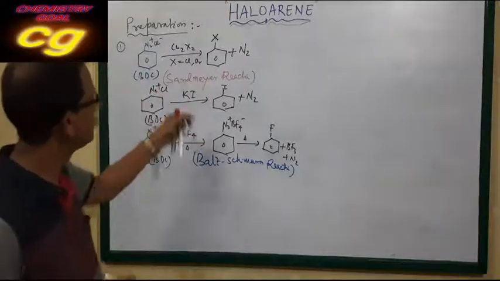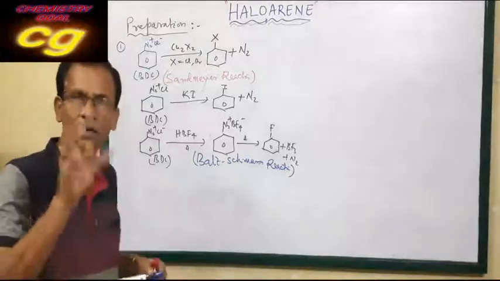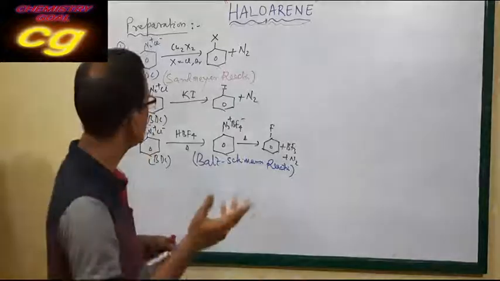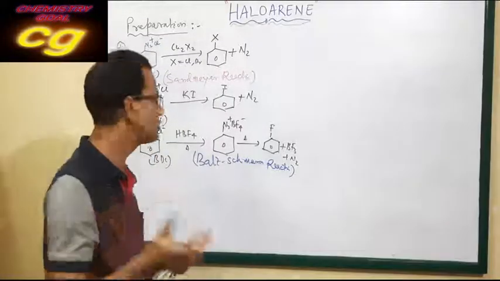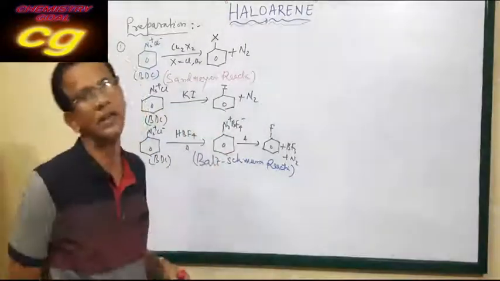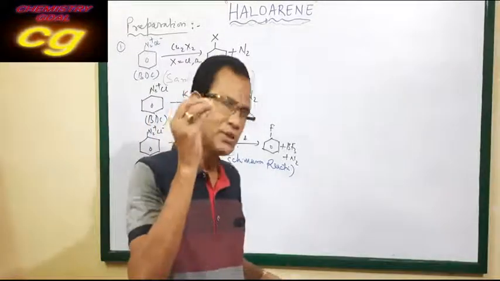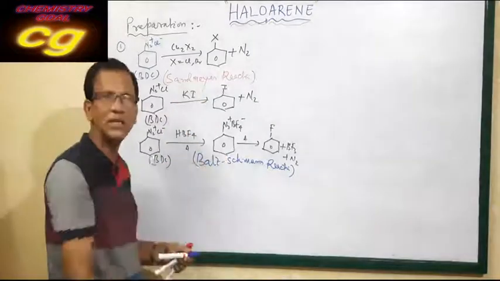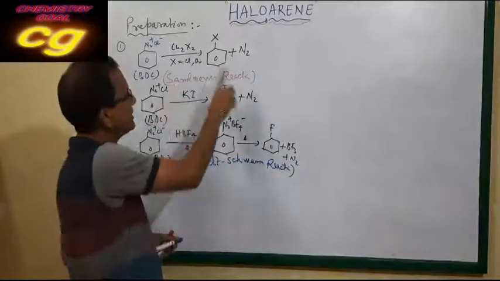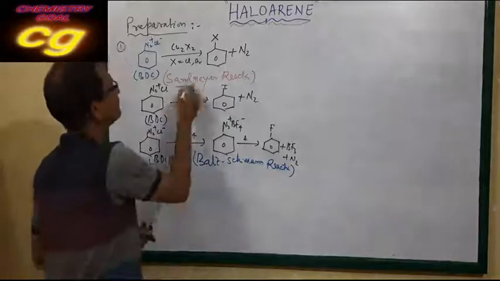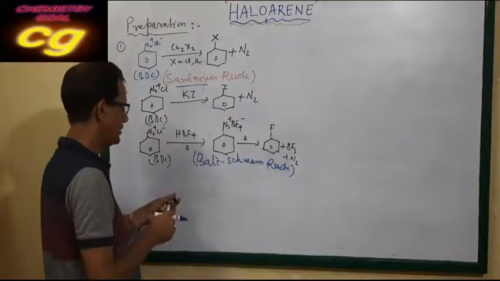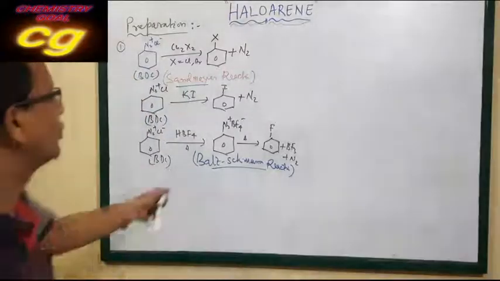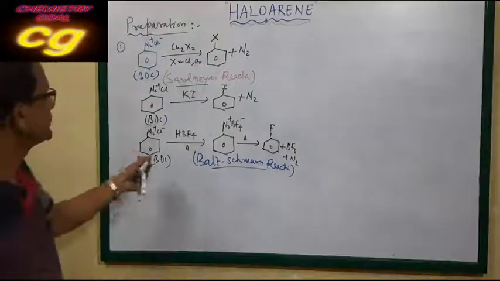You have to write down the whole name reaction, and you can use a different color pen, so that when you do self-study and refer to your class notes, you can know the name reaction immediately. So please always use a different color pen to mark the name reaction. This is the Sandmeyer reaction, and this is called what? The Balz-Schiemann reaction, formation of fluorobenzene from BDC.